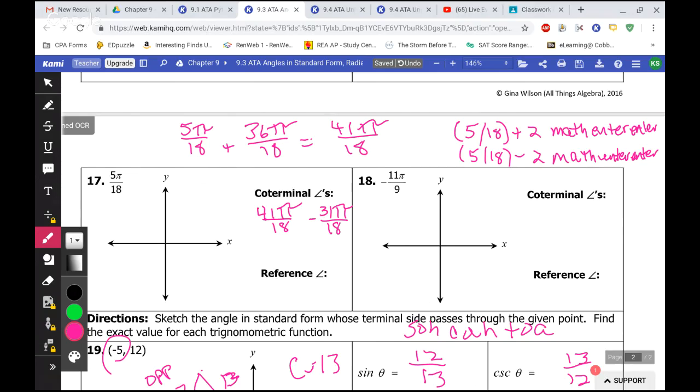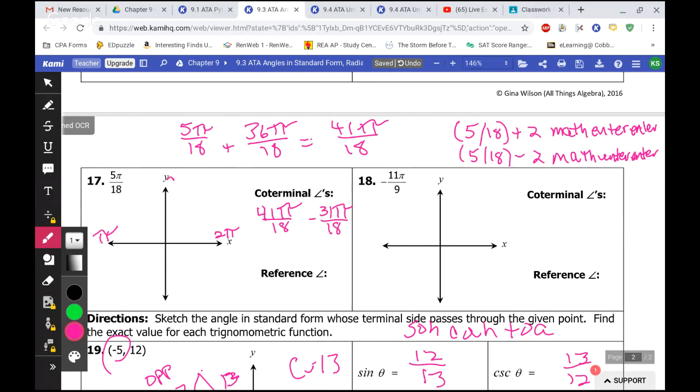So if we think about where 5 pi over 18 is, remember that this is going to be 2 pi or 0 here, and this is going to be pi here. So this would technically be 18 pi over 18.